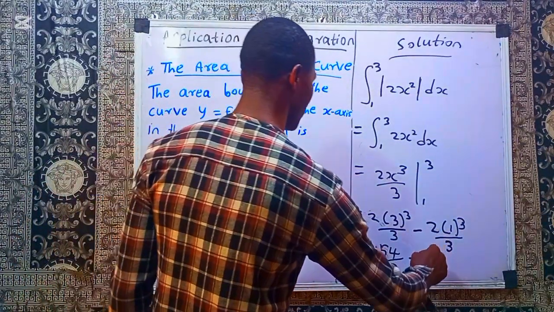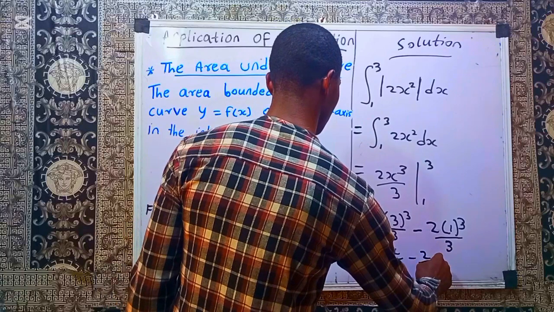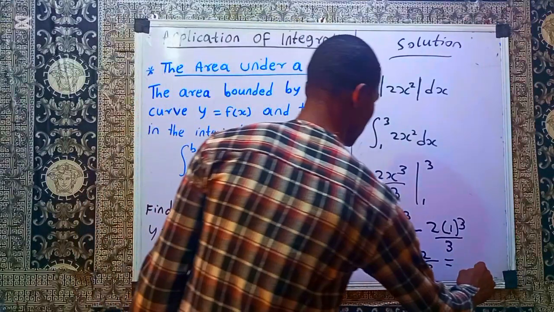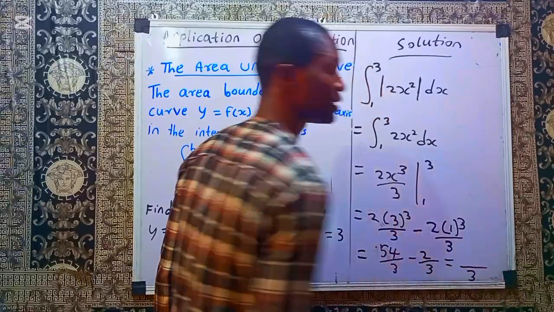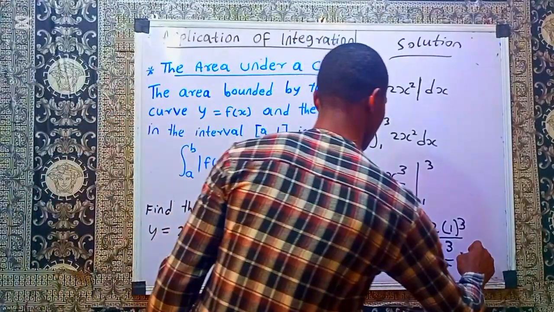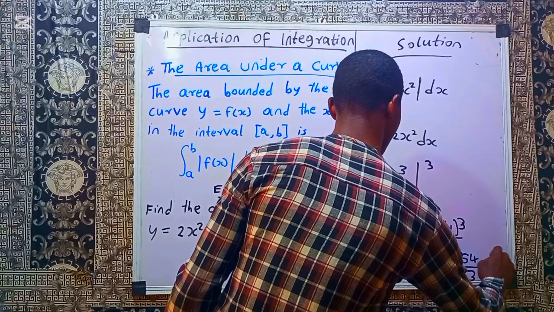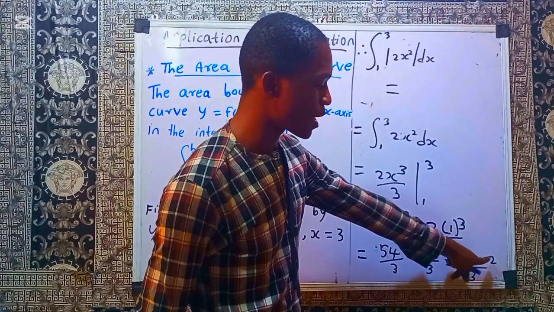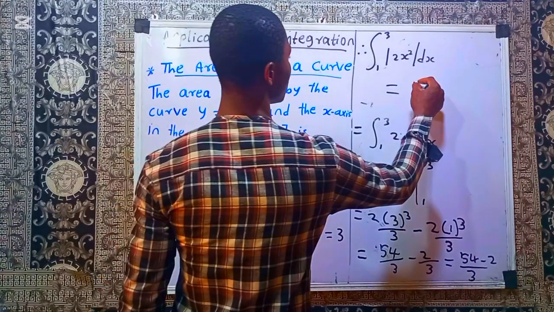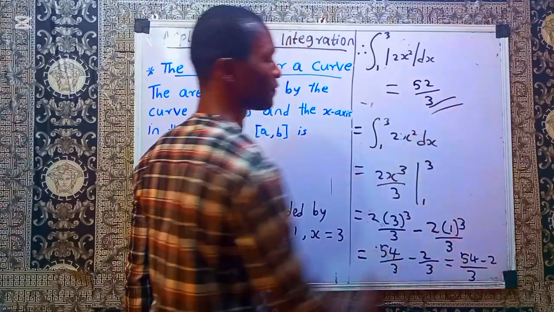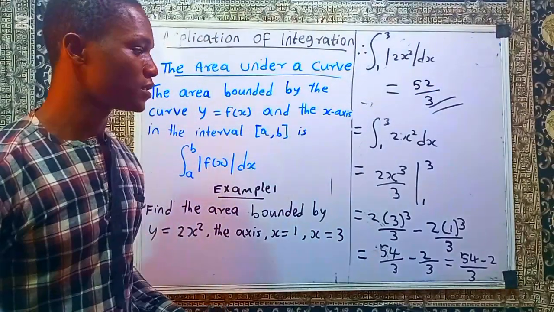Then 1 multiplied by 2, you are going to have 2 divided by 3. The LCM here is 3. Then we can subtract 54 minus 2, which is 52. So we have 52 divided by 3 as the final result of this integral.